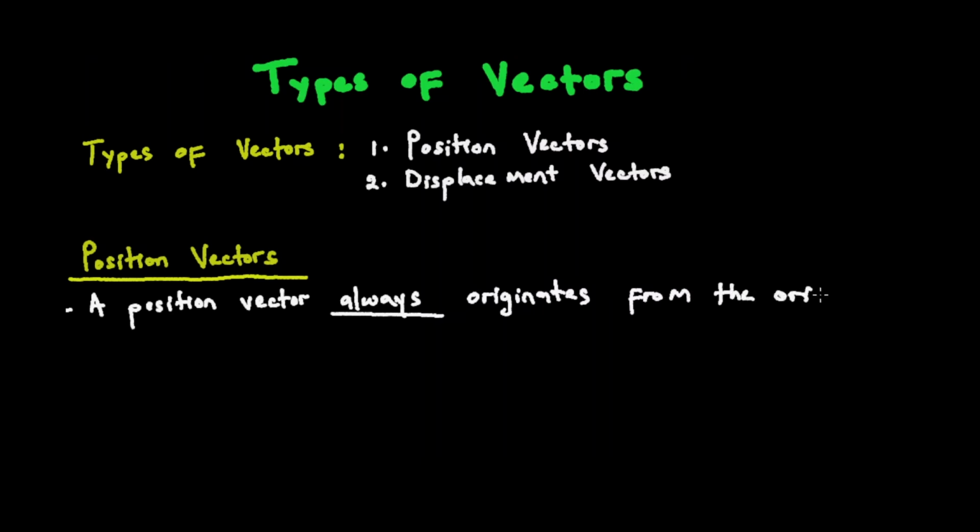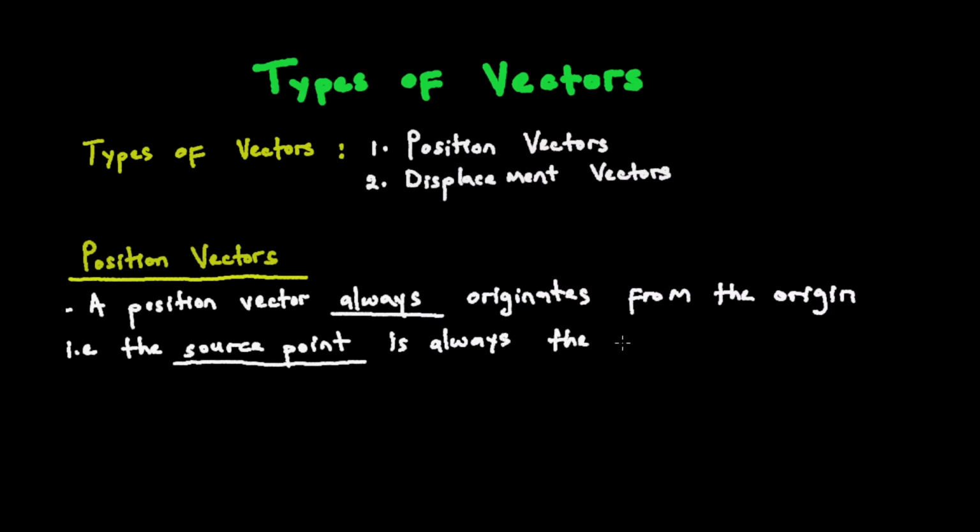And we are going to give material to this definition. That is, what we mean by this is that the source point of this vector is always the origin. That is what the source point is.